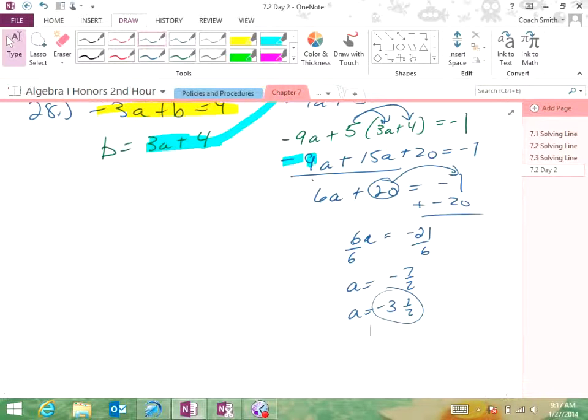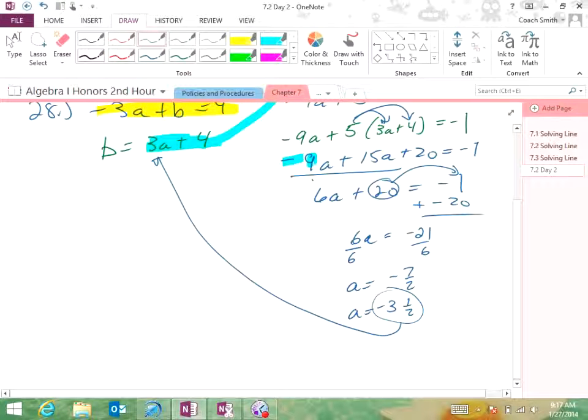Okay. Now I'm going to take that and plug it back into my revised equation. So that's going to give me b is equal to 3 times negative 3.5 plus 4. Now, when I take 3 times 3.5, you basically have this, and then plus 4.